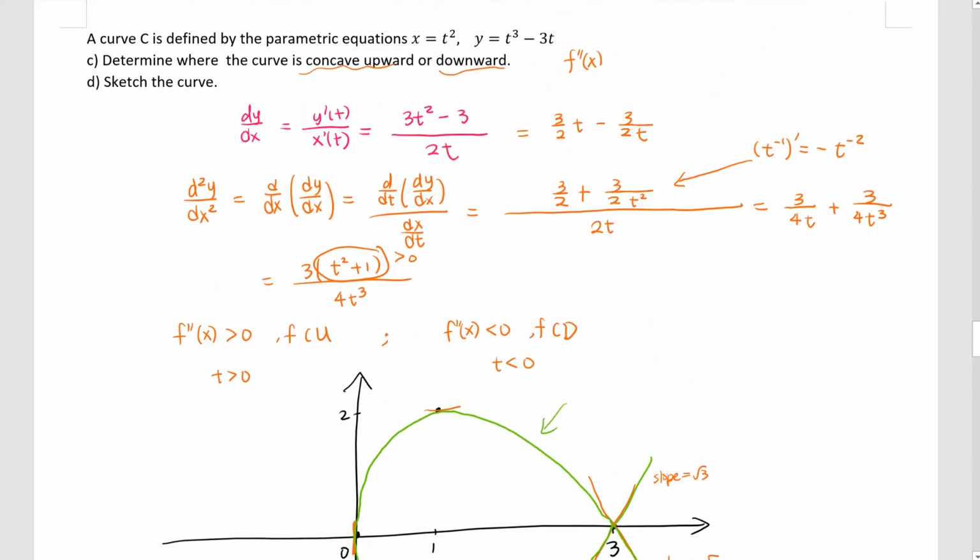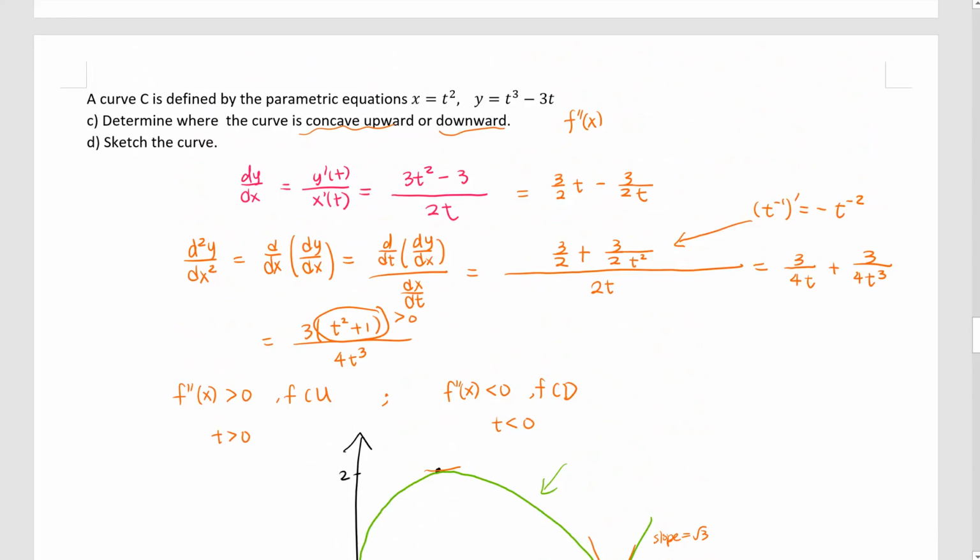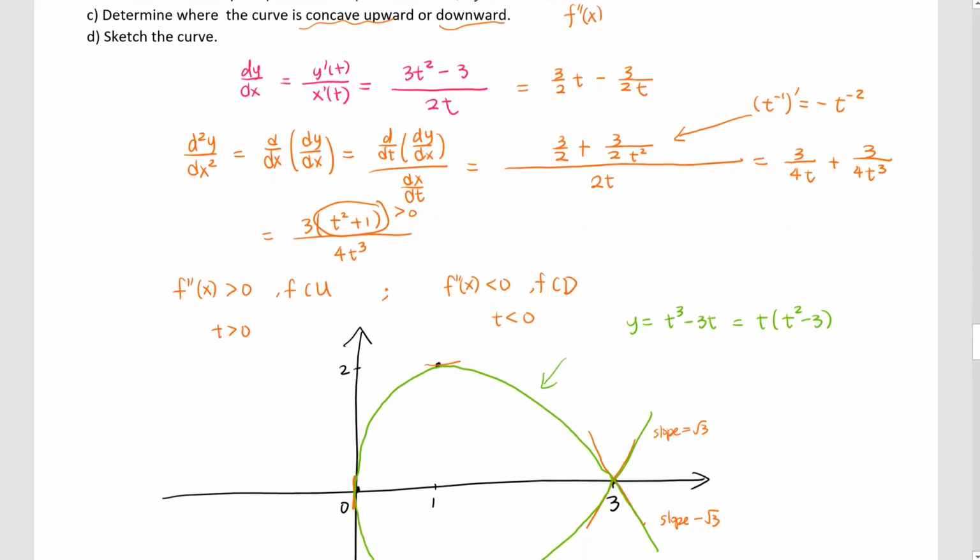Remember your y is t cubed minus 3t, and this is the same as t squared minus 3.